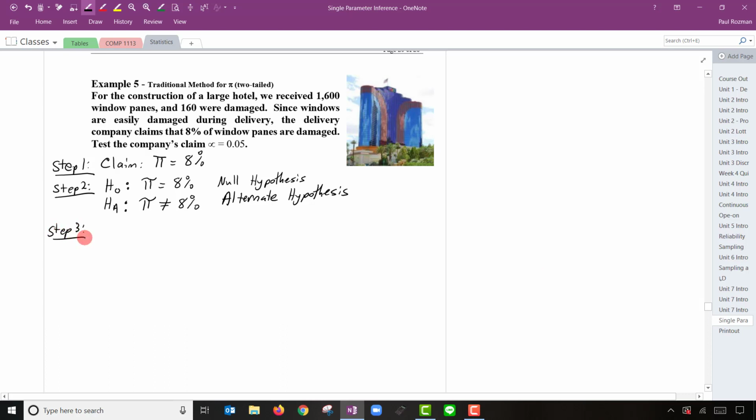Step number 3. This is where we set our significance level. In this case, they say test the claim at alpha equals 0.05. Remember, this is just the opposite of confidence. So think of this as being similar to a 95% confidence interval. Generally, we'll use numbers like 1% or 5% or maybe 10%, again corresponding with 90% confidence, 95% confidence, or 99% confidence.